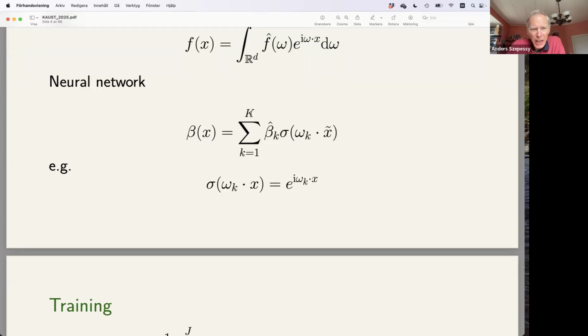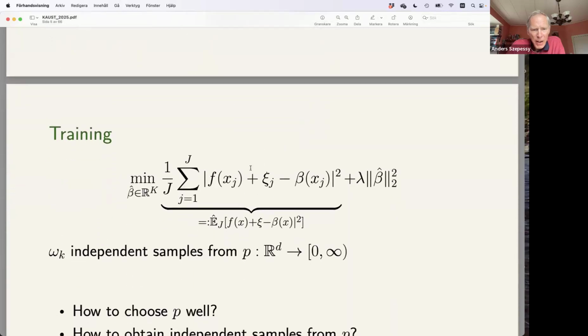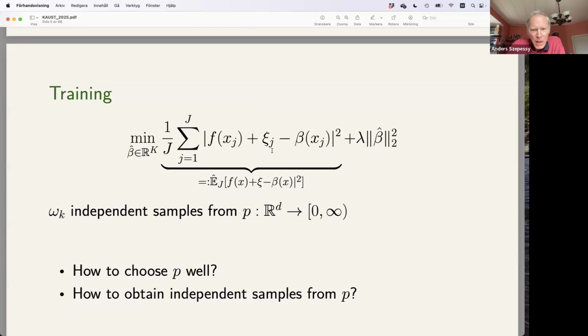And you have capital K amplitudes and K frequencies. And you want to minimize the mean square error, and with a positive parameter lambda here, Tikhonov regularization. And here you have the L2 sum of the amplitudes.